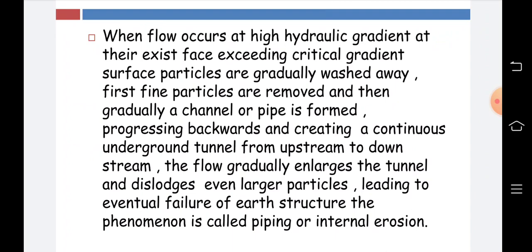First of all, fine particles are removed, then gradually a channel or pipe is formed, progressing backward and creating a continuous underground tunnel from the upstream side to the downstream side. This flow gradually enlarges the tunnel and dislodges even larger particles, leading to failure of the earth structure. This phenomenon is called internal erosion.